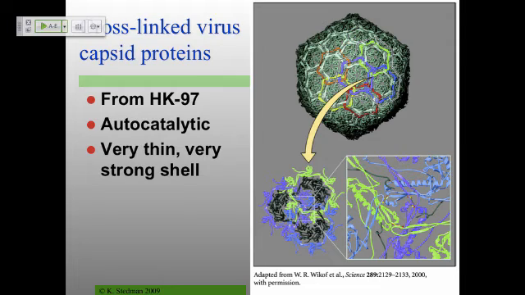It's a little hard to see, but it's a T equals 7 symmetrical particle. But each of those subunits that was present, and this is just one capsid protein, in the hexameric pieces that all go together, turns out that these capsid proteins were covalently cross-linked to each other.